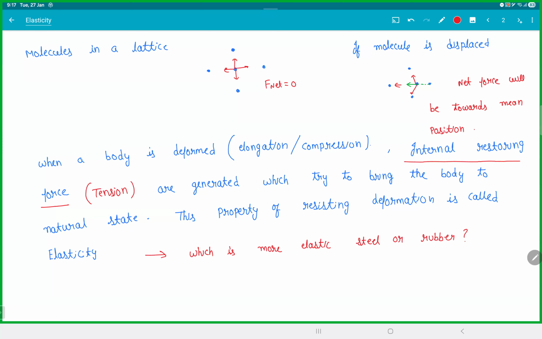Steel is more difficult to deform. Rubber is more stretchable.